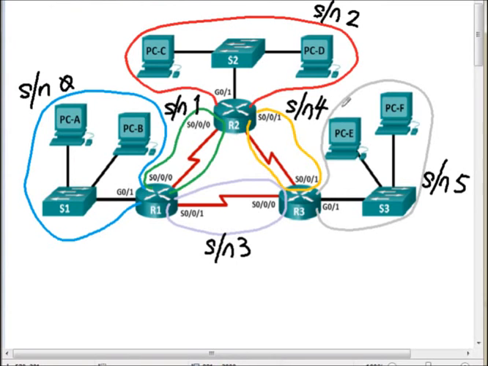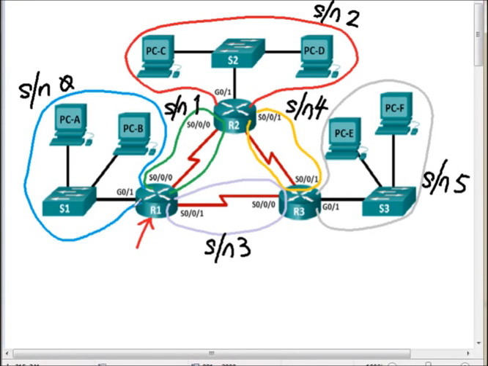This is the network diagram we drew earlier. The default gateway is actually the device in the center of the network. Let's look at subnet 0. For subnet 0, our default gateway is actually R1.